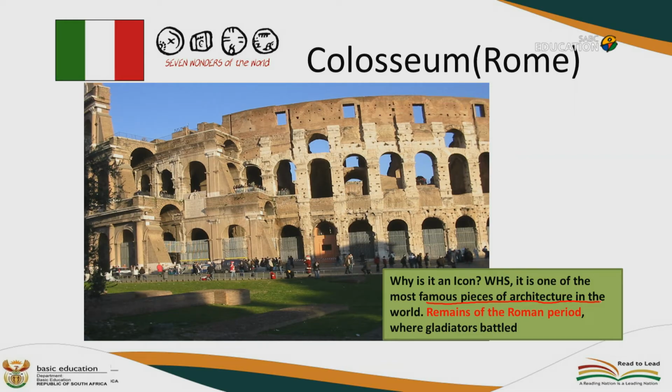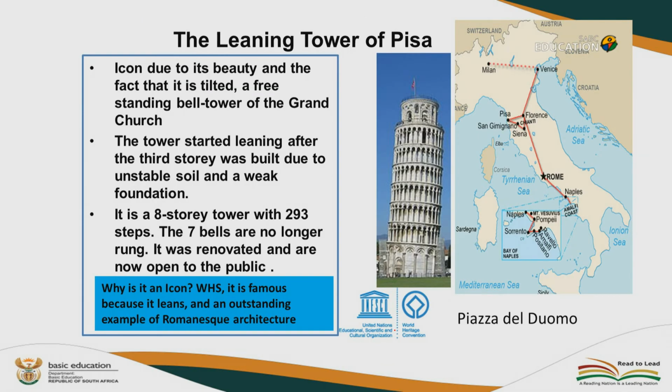So this is where people went to see fights and battles. People were killed in here. This is how it was identified, because nowhere in the world can a stadium or a theater carry such a big number of spectators. And also the structure.